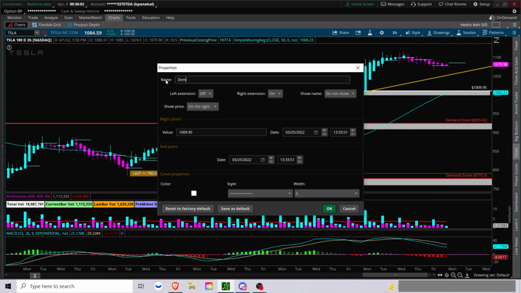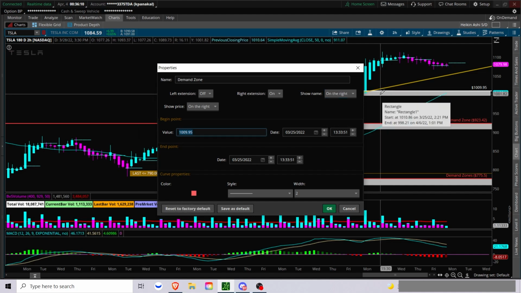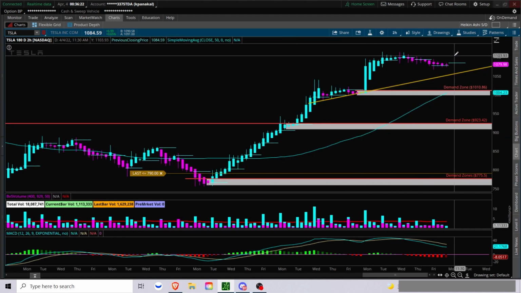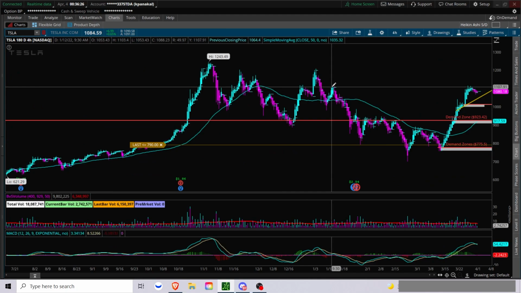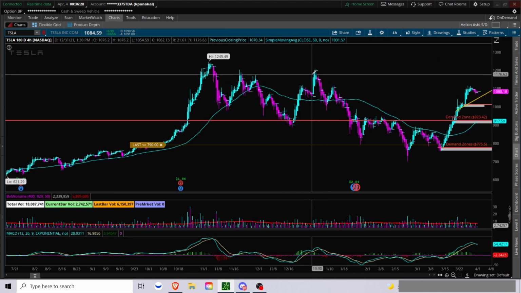So we have this demand zone, and it starts at 10.10.86. Right. And then when it comes to supply zones, we already broke one.